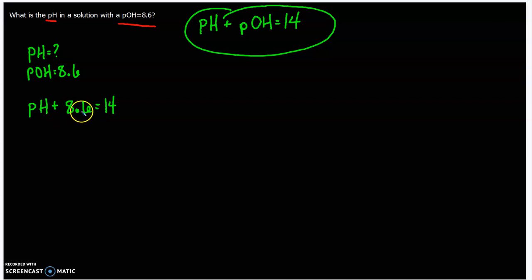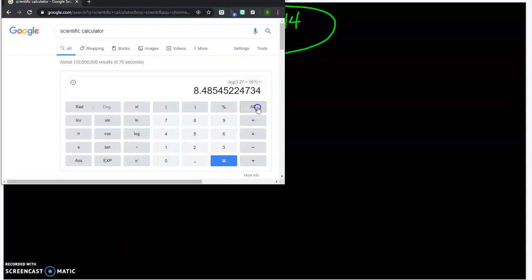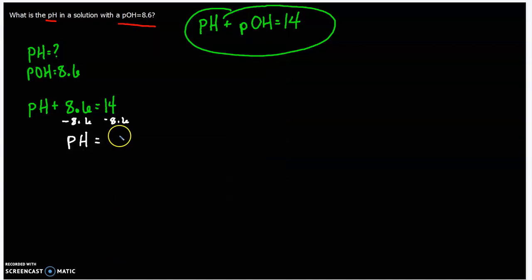We're going to move it by subtracting 8.6 from both sides. So pH equals, go to your calculator and do 14 minus 8.6. Your answer should be 5.4.